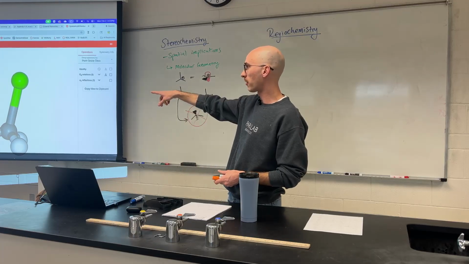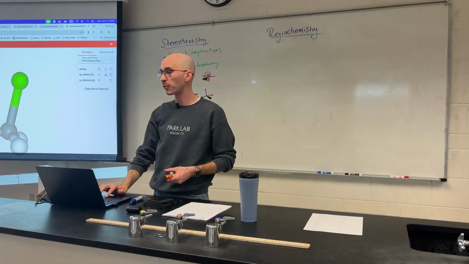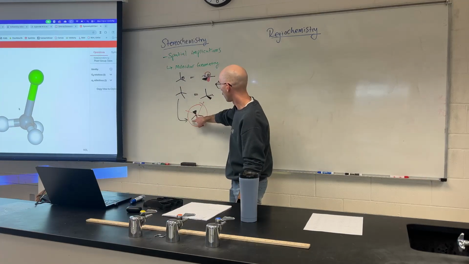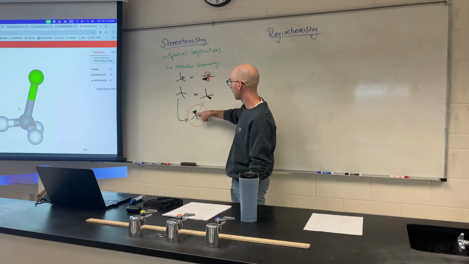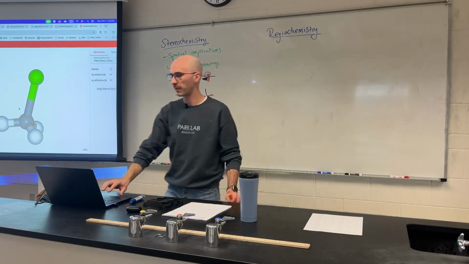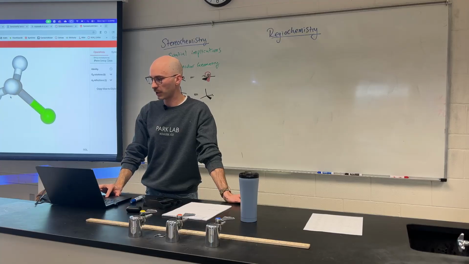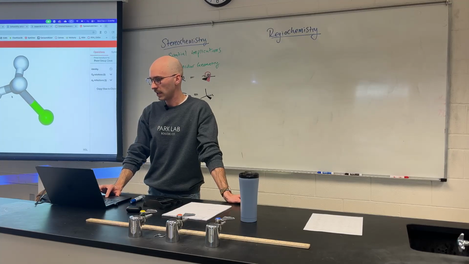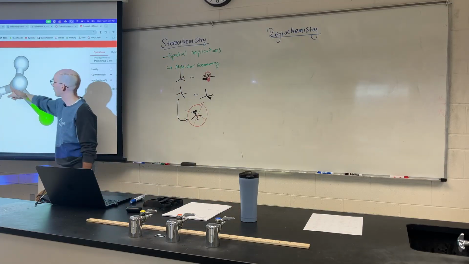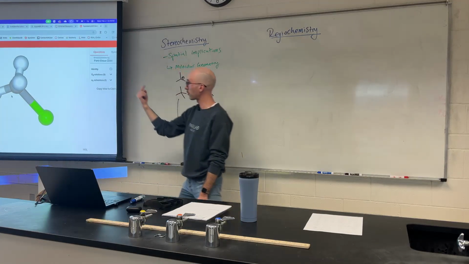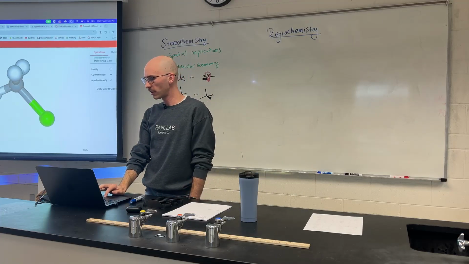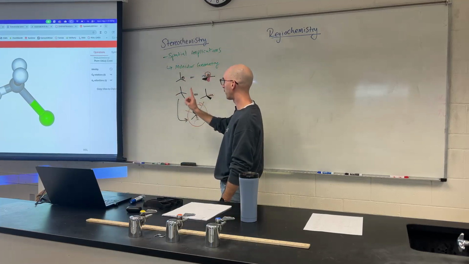We can use this model on SimOtter to try and prove that. If I try to get one line in plane going left and right, then I'll try to look for a group coming towards me and a group going away from me. Okay, I'm going to use the green line to go in plane, and I'm going to have this other line going to the left also in plane. Okay, I have a group coming towards me and a group going away from me, but you'll actually notice that they're both going up.